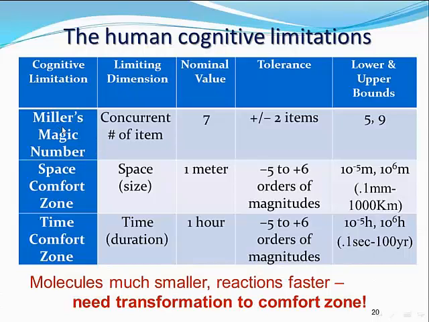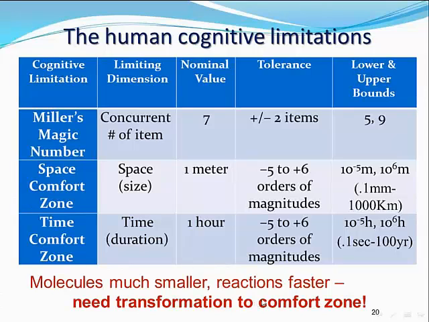And also there is Miller's magic number, which is the concurrent number of items which people can hold in their short-term memory. It's 7 plus or minus 2, with 5 and 9 being the lower and upper bounds.